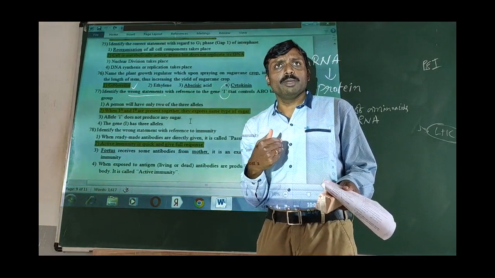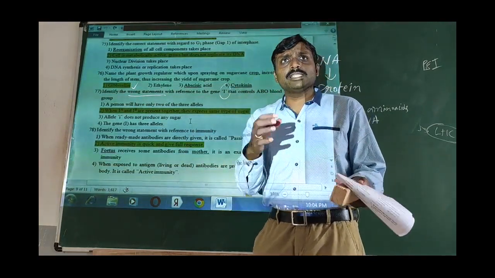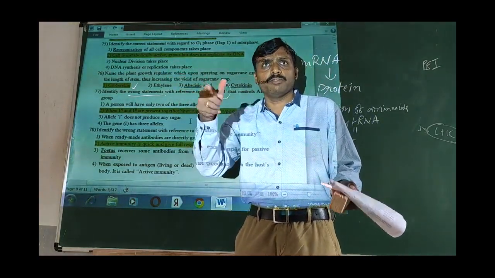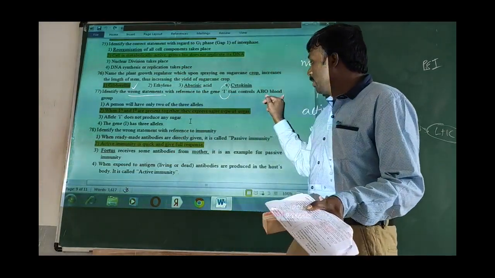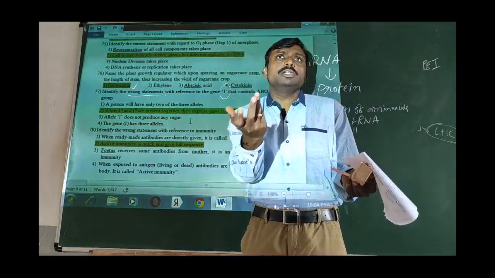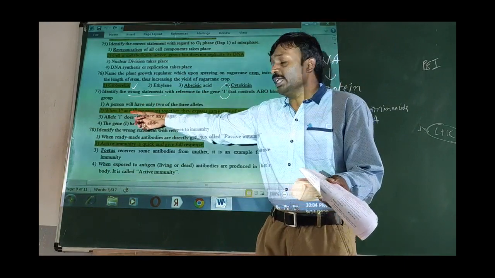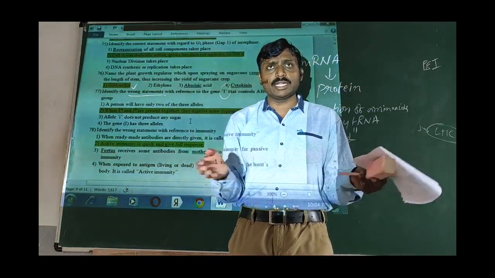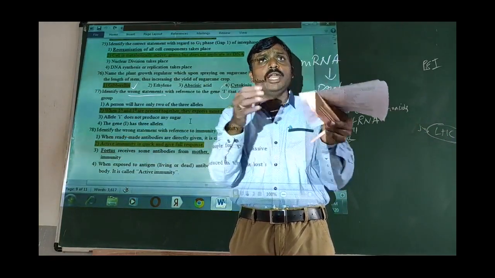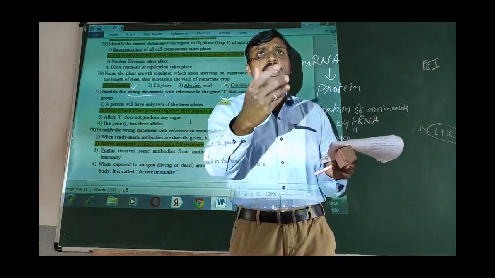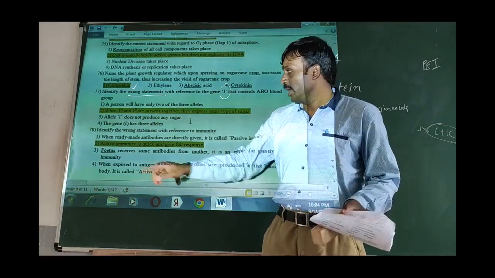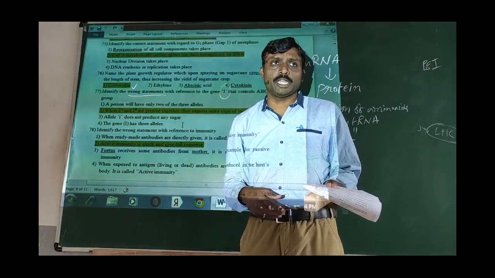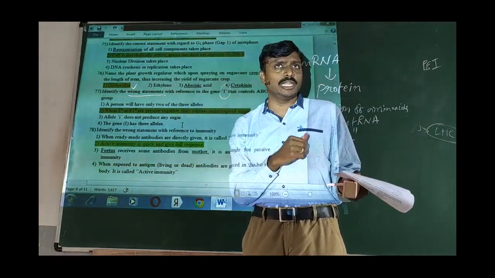So that's what we will be learning as multiple allelism. Do you remember from genetics chapter, ABO blood grouping is considered as multiple allelism, right? So each and every allele has its own type of expression. They cannot express the same thing together. Each allele will have its own expression. That's why we call it multiple allelism, right?